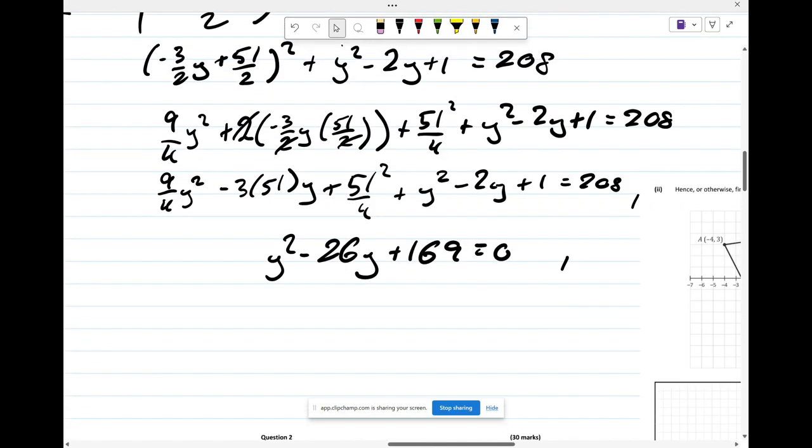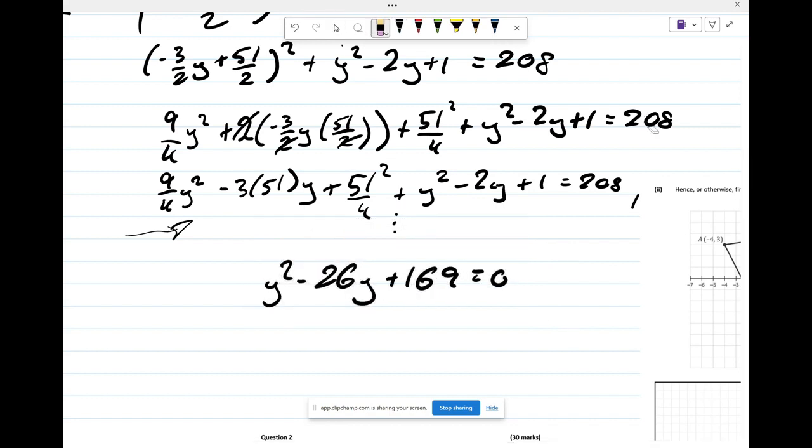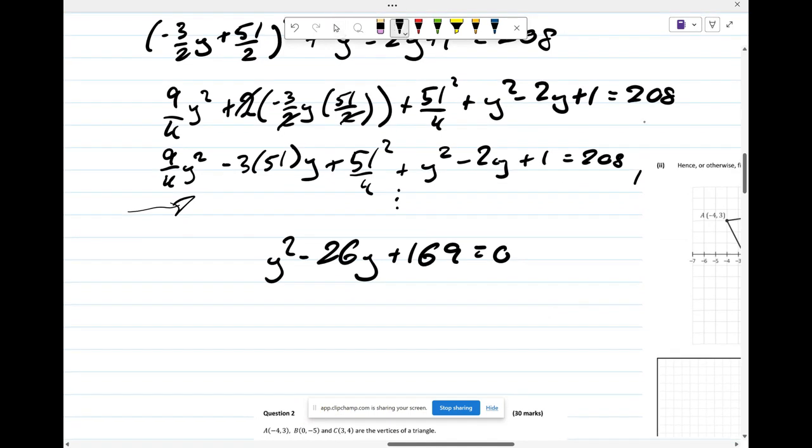I'm running out of space, so if you continue on with your calculations here, I've skipped a couple of steps. This here is the quadratic you should end up with. So you should get y squared minus 26y plus 169 is equal to 0. And if we factorize this, that's y times y, 13 times 13, minus minus.